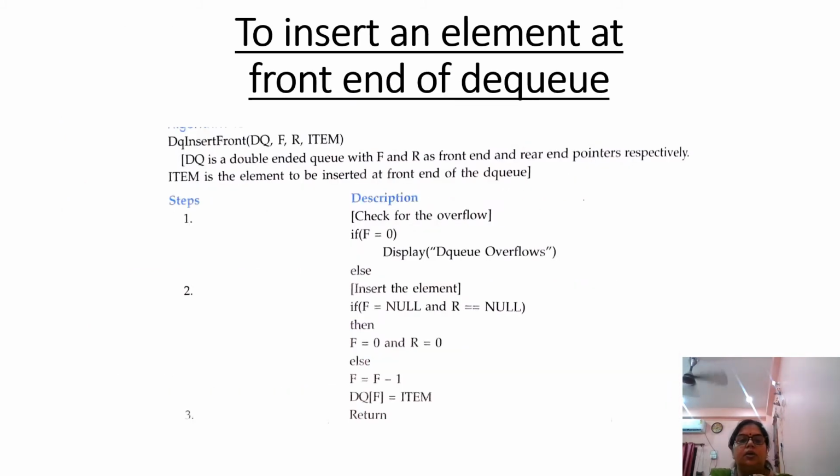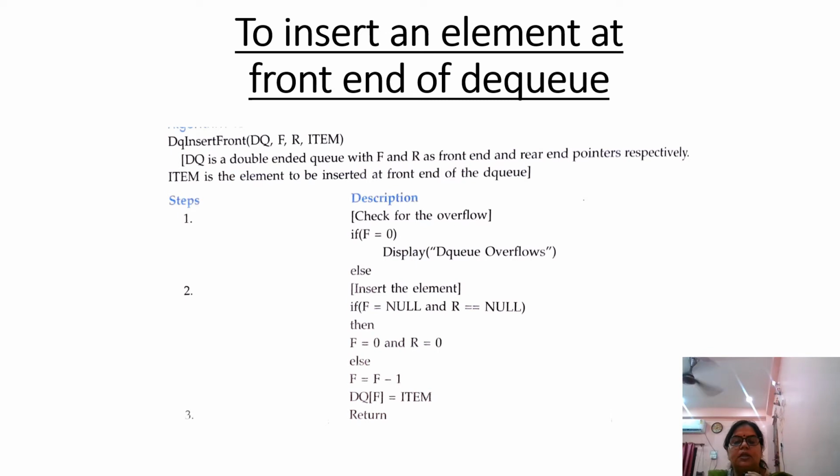Now this is your algorithm, how you are going to insert an element at the front end of the DQ. Here are the steps. DQ, as we know, is a double-ended queue with F and R as the front end and rear end pointers respectively. An item can be inserted at the front end of the DQ.